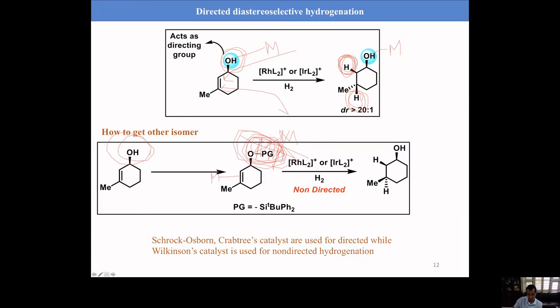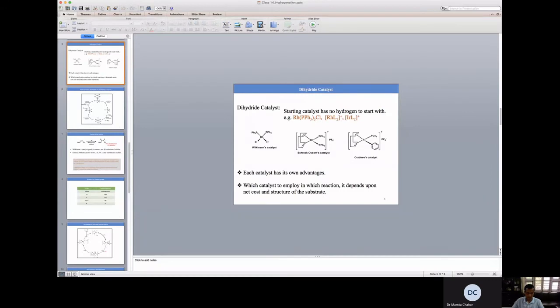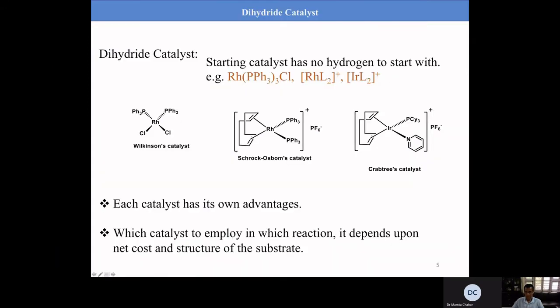And also this metal is not really attaching with this. So this is when we see that this reaction is happening from a different plane as it was happening in the previous cases, right?